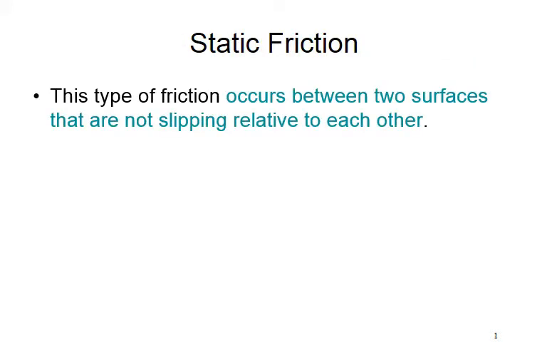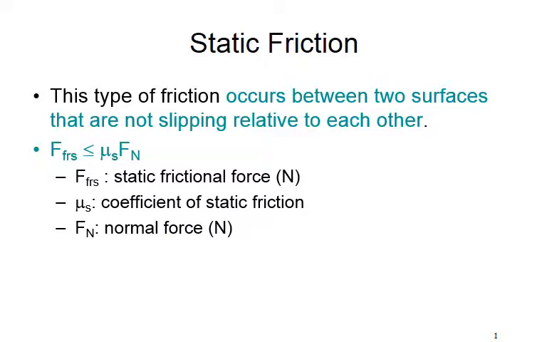So static friction occurs between two surfaces that are not slipping relative to each other. So this is when an object is not moving yet, and you're pushing or pulling it, and the friction is opposing the movement. And it's an inequality. The force of static friction is less than or equal to the coefficient of static friction times the normal force.